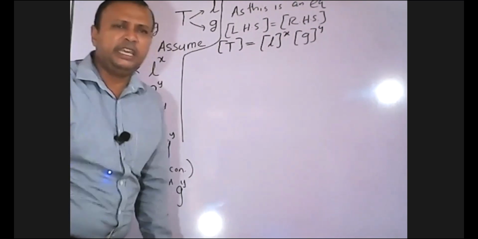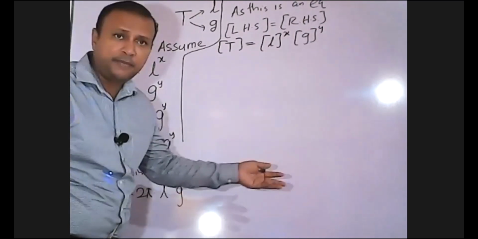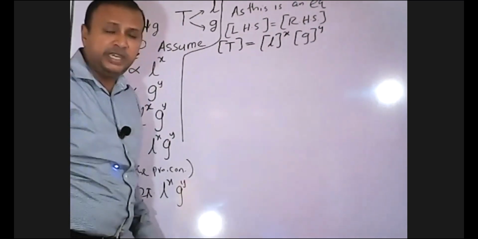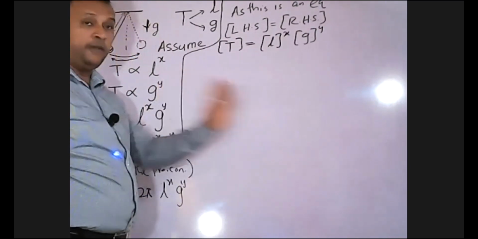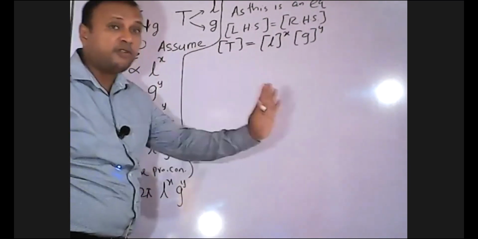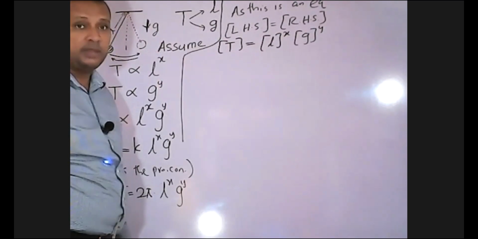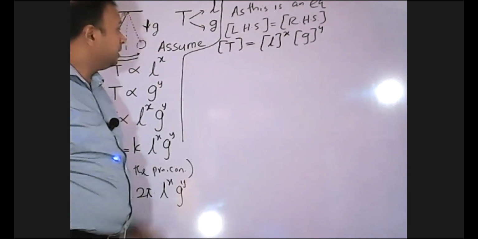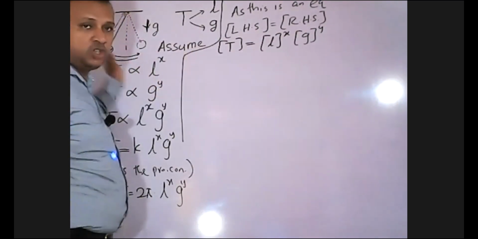The dimension of T: T means time. Period of oscillation means time per one oscillation.